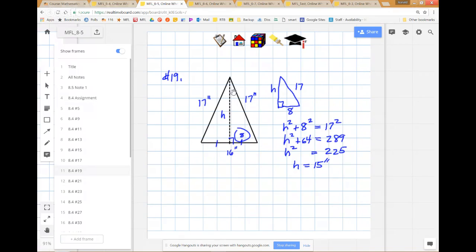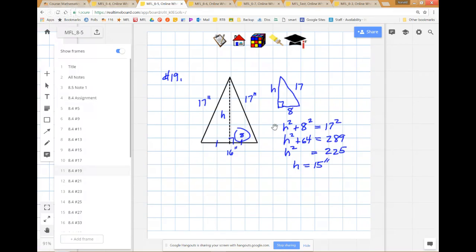So in an isosceles triangle, the height bisects the base? So these two sides are equal. Therefore, this side down here is 8, and now we look at this little right triangle over here on the right. And here it is simplified up here at the top right. Again, use the Pythagorean theorem.